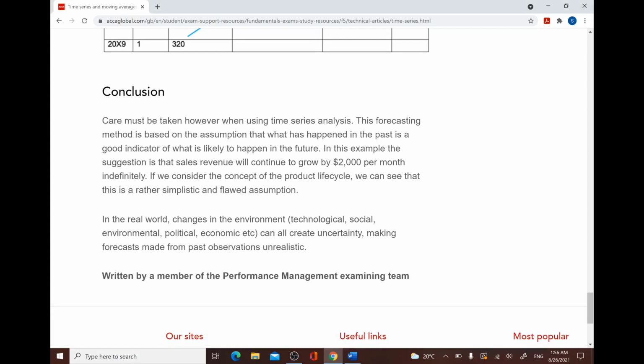Care must be taken, however, when using time series analysis. This forecasting method is based on the assumption that what has happened in the past is a good indicator of what is likely to happen in the future. In this example, the suggestion is that the sales revenue will continue to grow by 2,000 per month indefinitely.